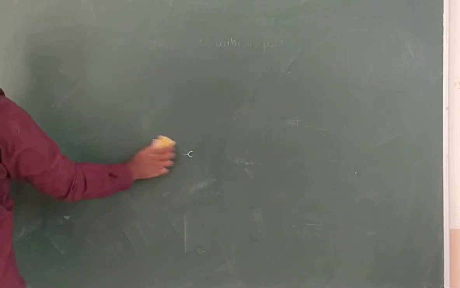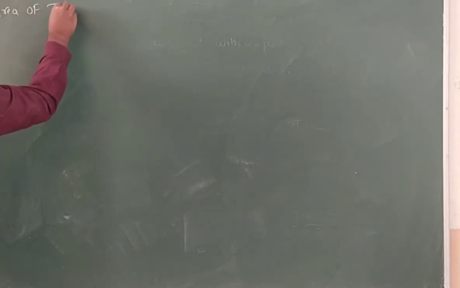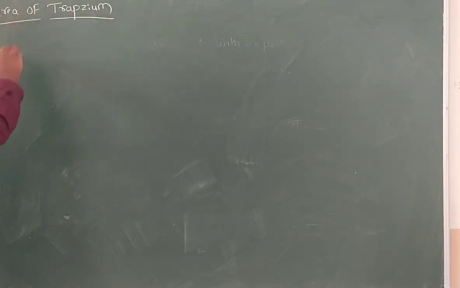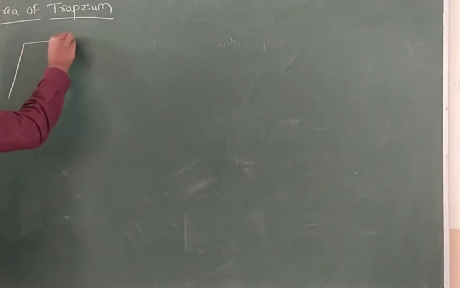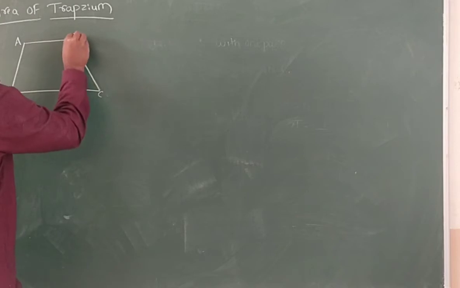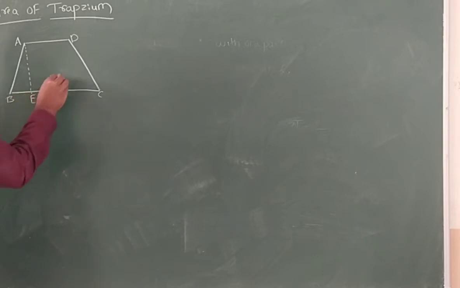So see here, area of trapezium. I want to find the area of trapezium. Okay, so to find the area of trapezium, I'll just draw a figure. So this is the figure. I'll name this as A, B, C and D. I'll draw a perpendicular, that is E, and this as F. Okay, so this is the trapezium figure.